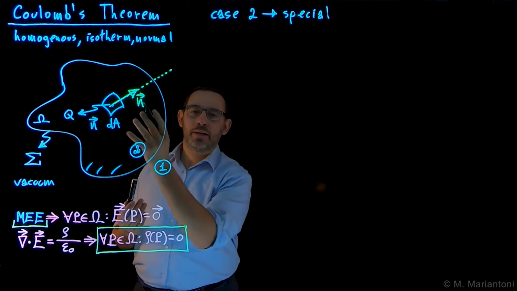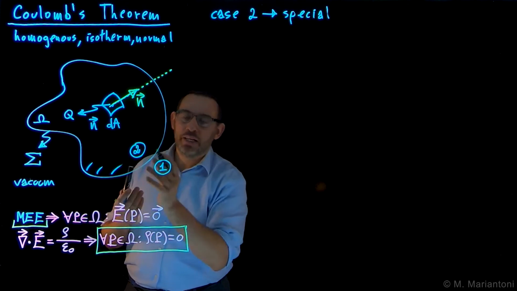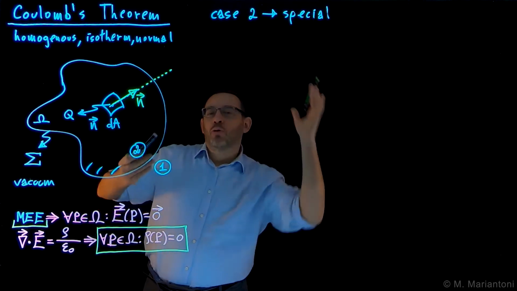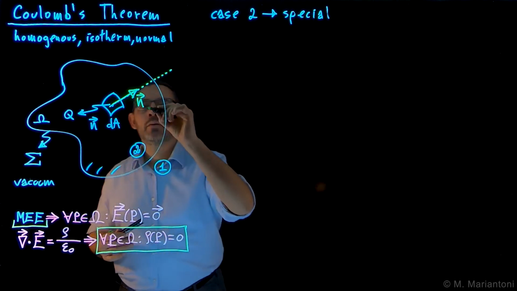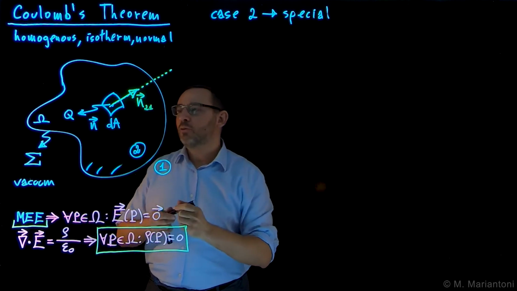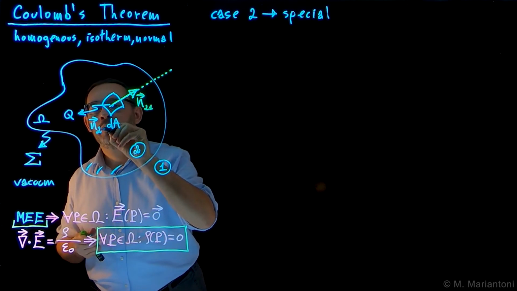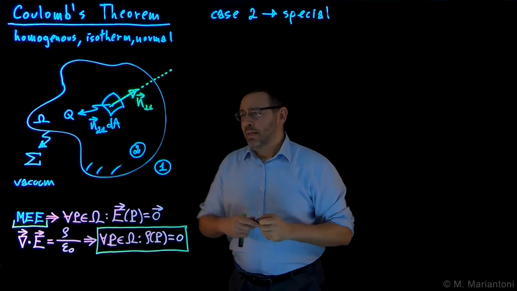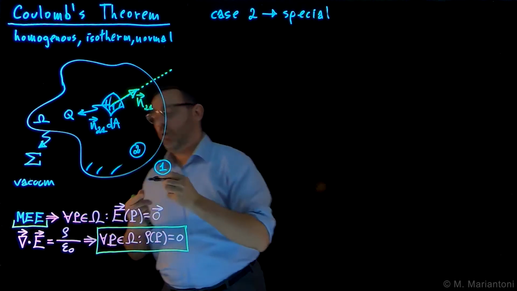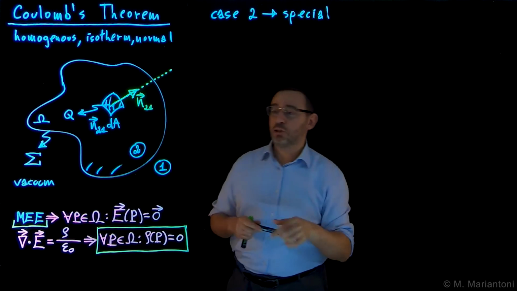So as soon as you choose n pointing outward, you should follow our convention 2, 1. If you invert it, then you need to invert all the equations. So let's keep it 2 to 1 for consistency. So we write here n_21, and let's write it also here for completeness. Okay, great. So this is my infinitesimal area element oriented according to n_21, from region 2 to region 1, which is vacuum.